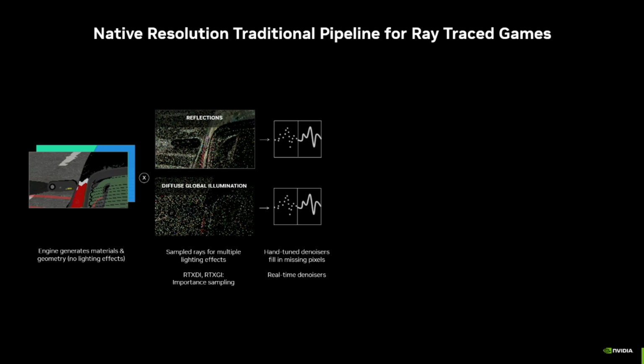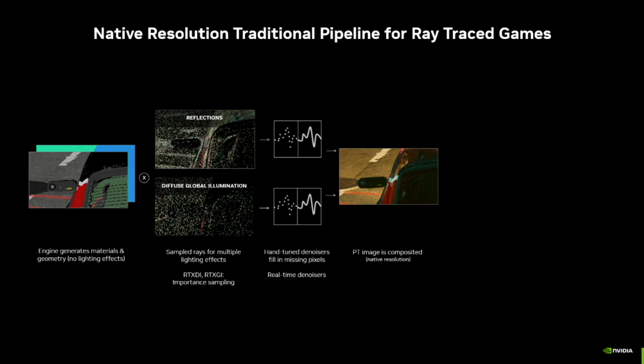Typically these denoisers are designed specifically for the type of signal that they handle. For example, reflection denoisers take into account information like roughness or hit distance and so on. And an indirect diffuse denoiser might take into account information like normals, etc. And these denoised results are then combined into an aliased buffer, but noise-free.